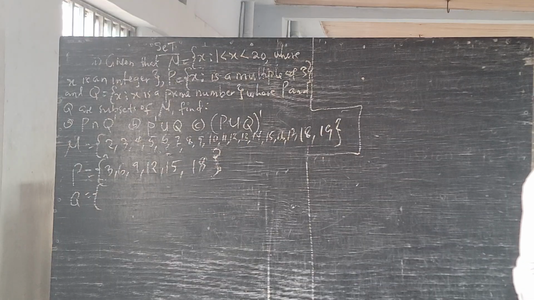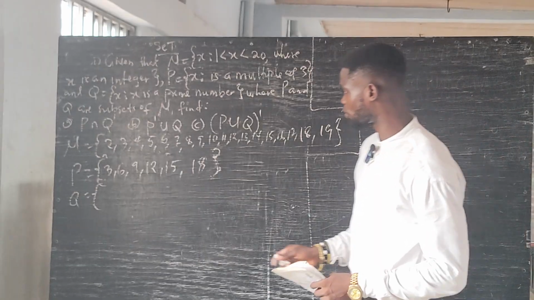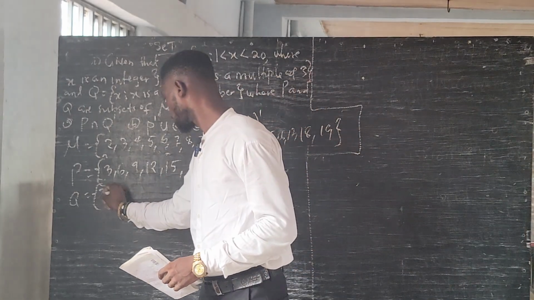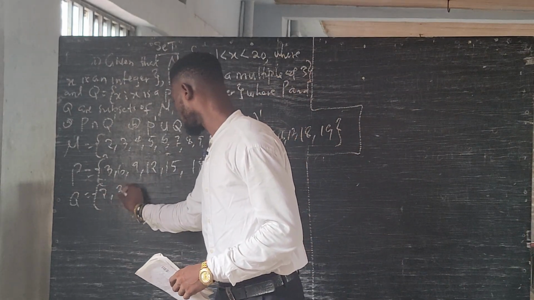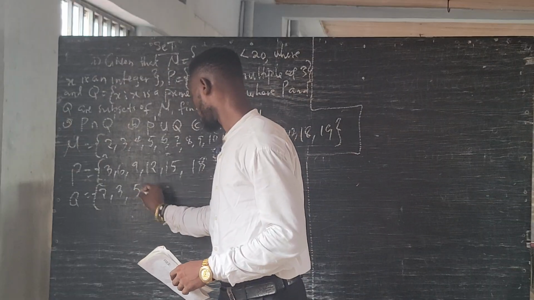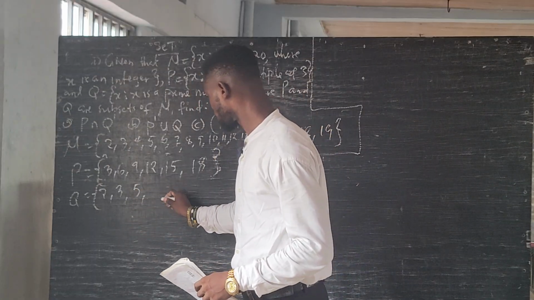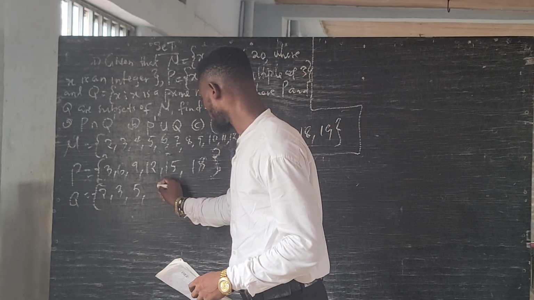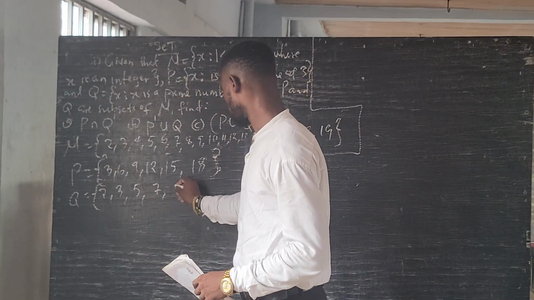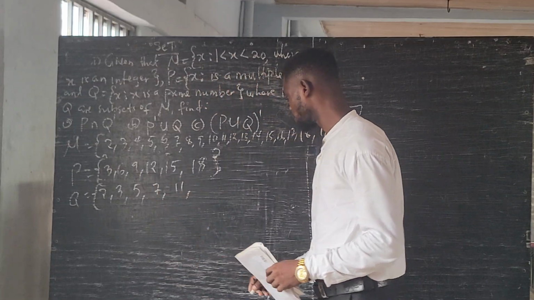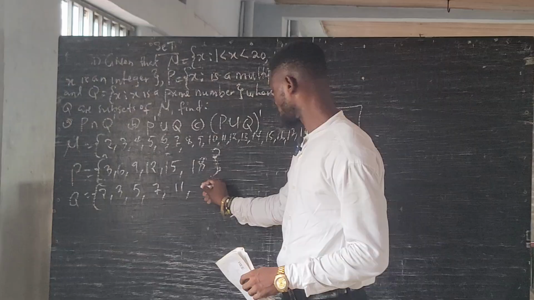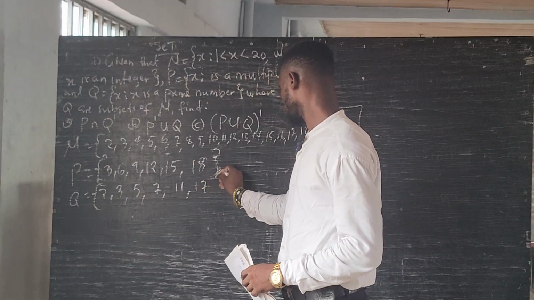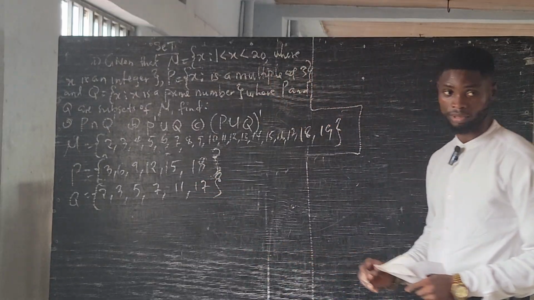And those numbers are 2, 3, 5, 7, 11, 13, 17. Those are the prime numbers. Is that clear?